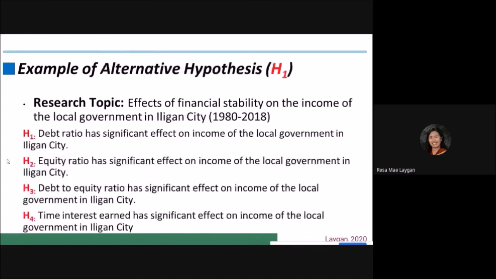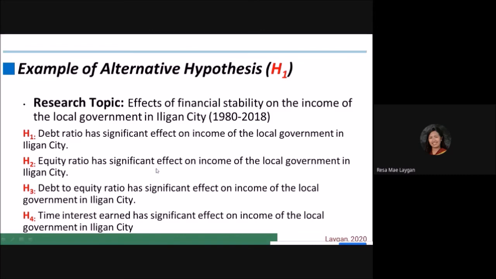Then, the alternative hypothesis. This is the opposite of your null hypothesis. So, for example, I have my topic, the effects of financial stability on the income of the local government in Iligan City. Here I'm going to say that the debt ratio has a significant effect on income, the equity ratio has a significant effect on income, and so forth.